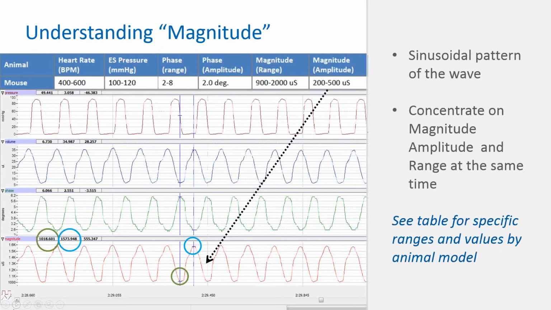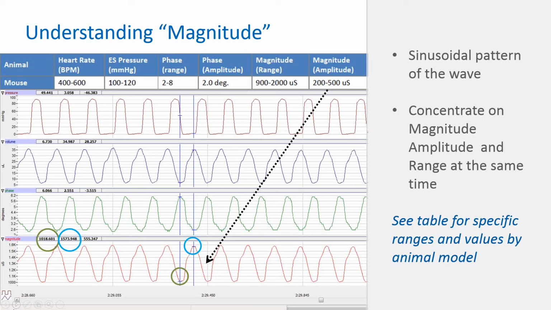So here we have a slide about understanding magnitude. When the catheter is inserted in the LV, as in this mouse example, after being guided by pressure, the aortic to LVP transition, other signals come into play. Please note that the last channel is called magnitude or raw conductance.